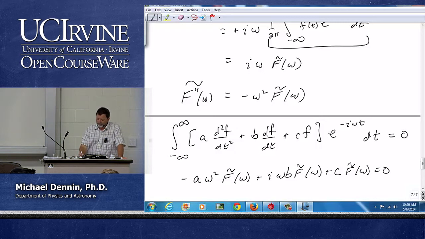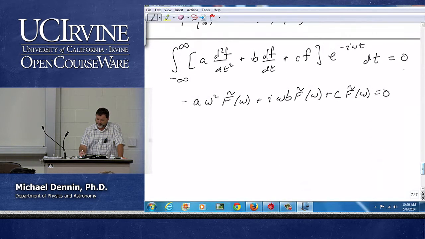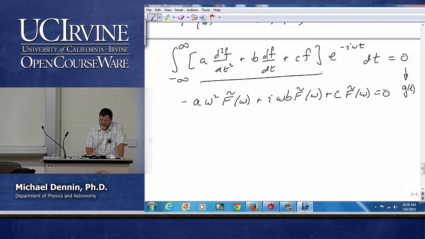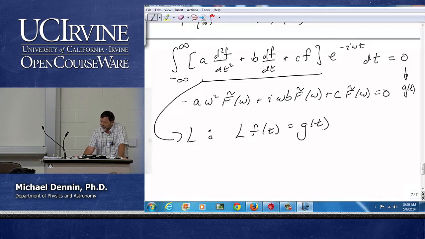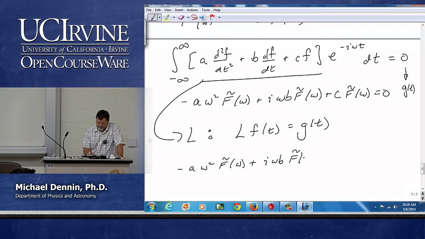Now, what becomes way more powerful is if I replace this with a driving function g of t. So now if I consider all of the stuff on the left to be some linear operator L, if I am considering L acting on f of t equals g of t, when I do the Fourier transform of both sides, I now get minus a omega squared, all of this stuff, equals the Fourier transform of g.